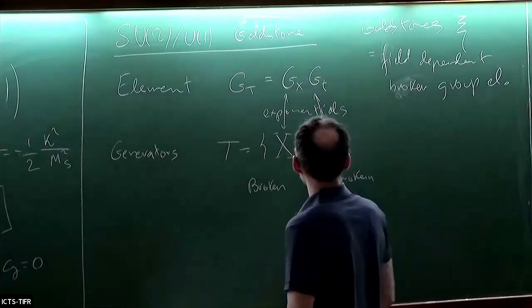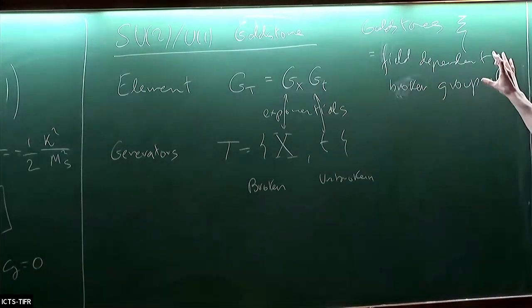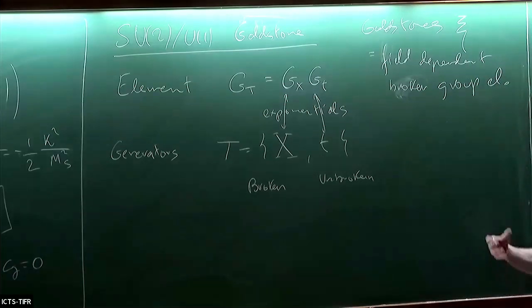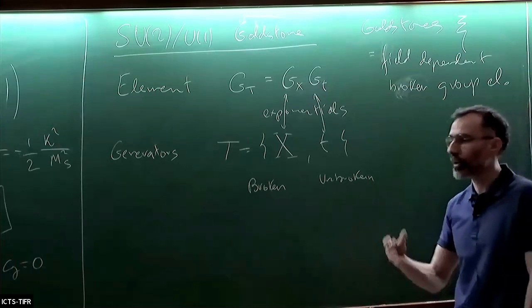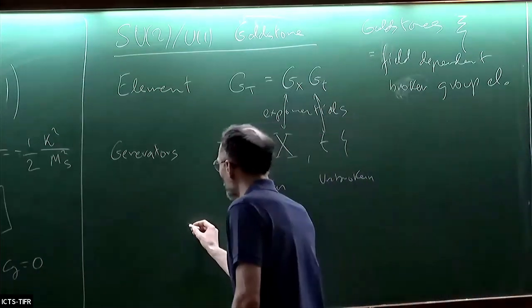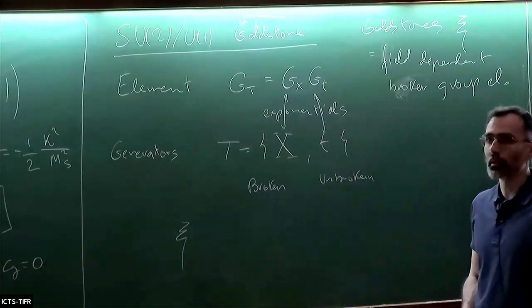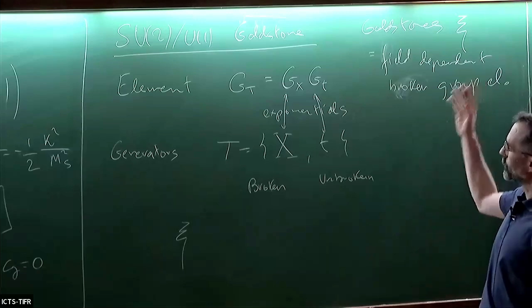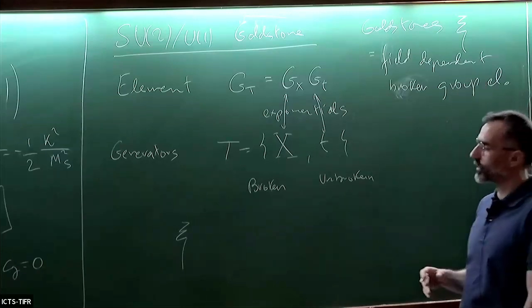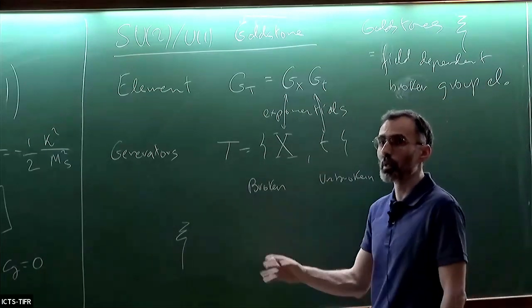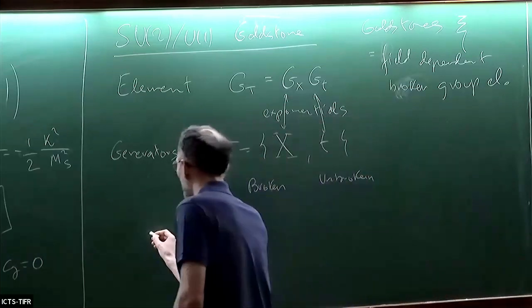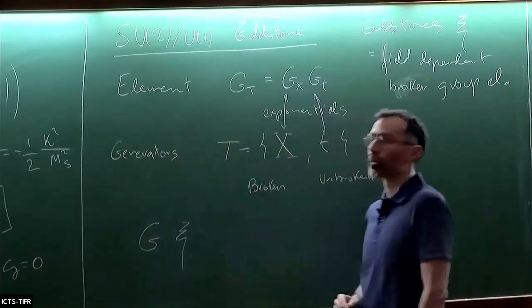Now, how does it transform? Well, it is a group transformation, only field dependent. The pions are in there if you want to think about QCD. As a group element, you can think of what happens if I do a transformation. Something goes from wherever it was to a matrix G in it. In our case, it will be ξ. What happens if I do another transformation? We'll use matrix multiplication. Multiply G on the left-hand side.